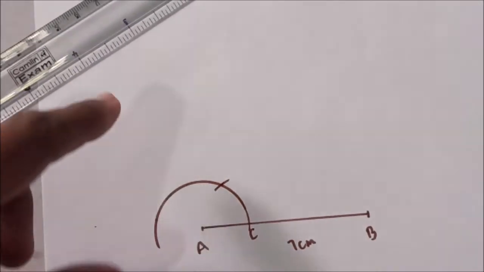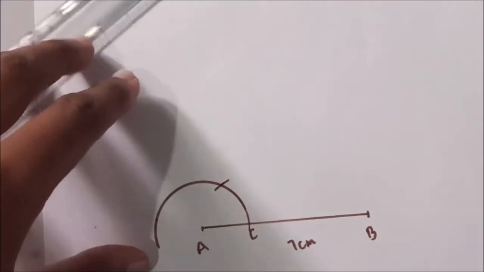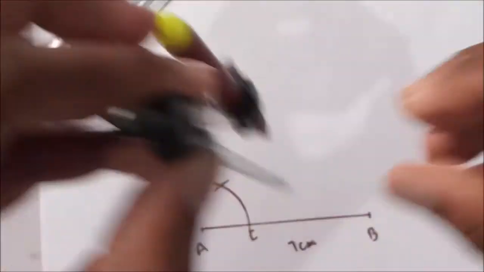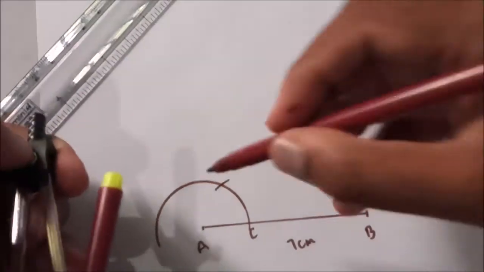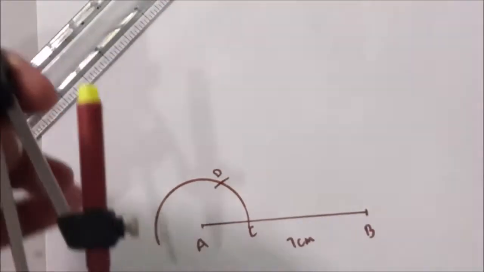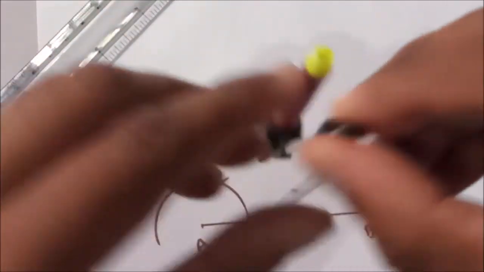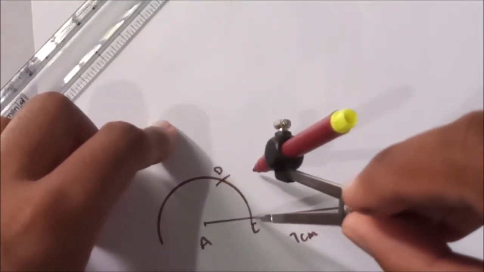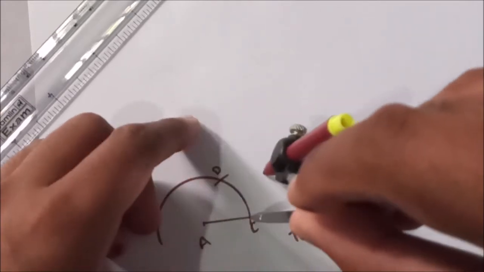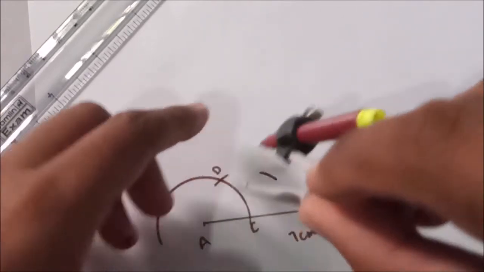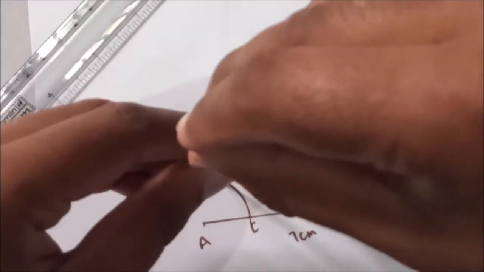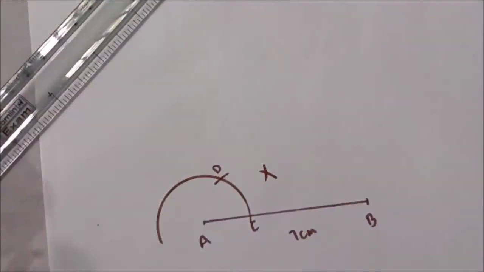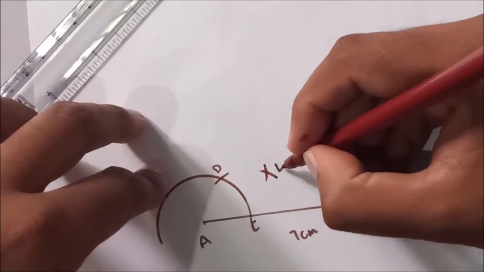Now I'm going to construct 30 degrees again. To construct 30 degrees again, I'll put from C one arc, from D one arc. I'll make it E.